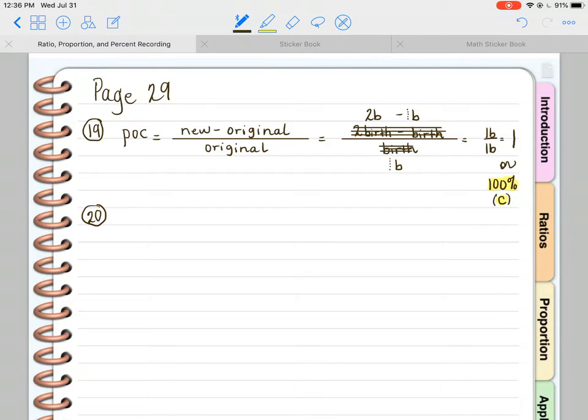A website claims that its prices are at least 40% less than department store prices. Clint sees a pair of boots in a department store for $108 and then finds the same boots for sale on the website. If the website's claim is true, then what is the greatest price Clint will pay for the boots?